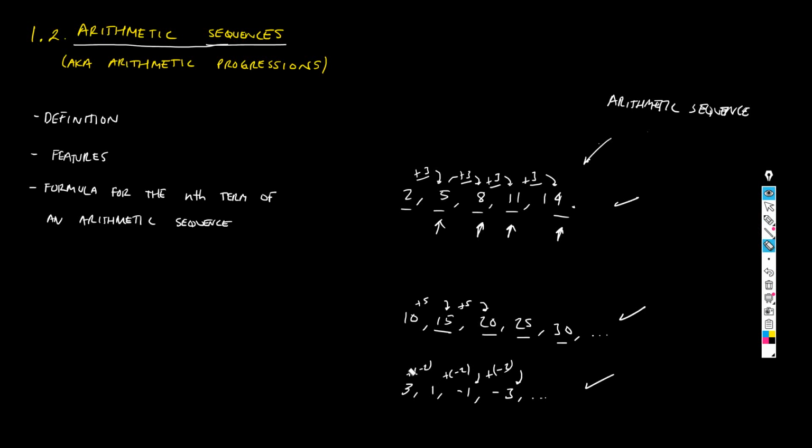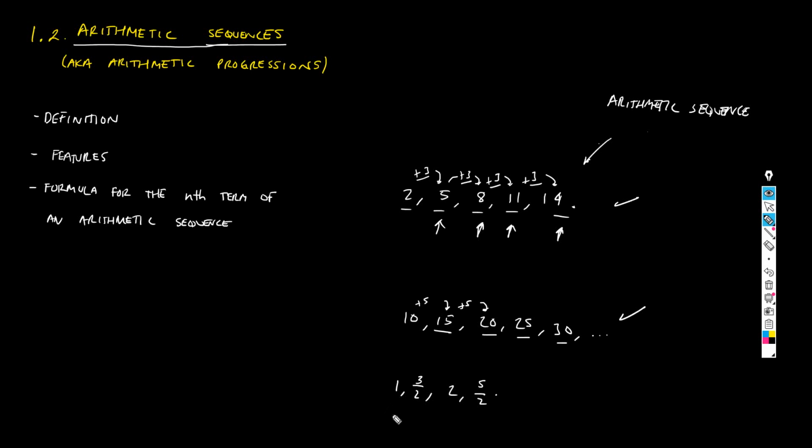One final example. What about adding a fraction now? What if I have this? 1, and then we have perhaps 3 halves, and then 2, and then 5 halves, and let's stop right there. This is a finite sequence of 4 terms, and what is the number that I'm constantly adding to get the new one?